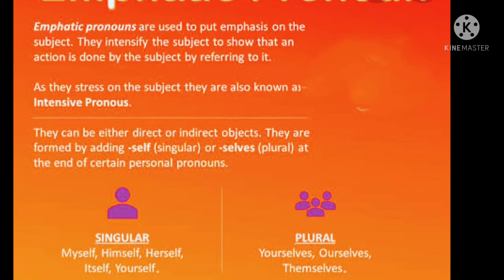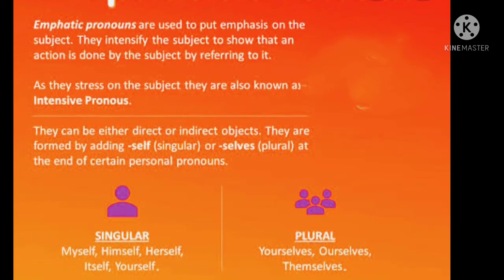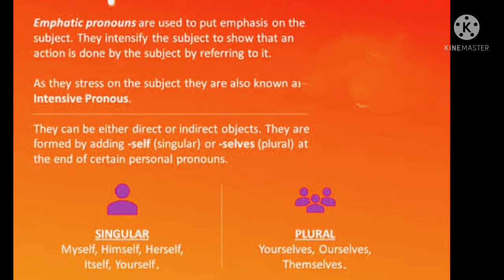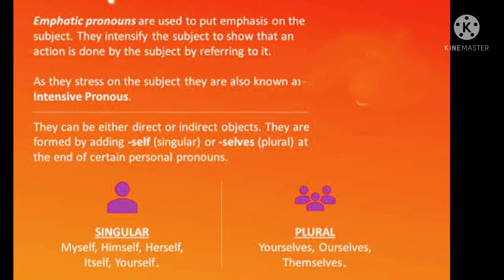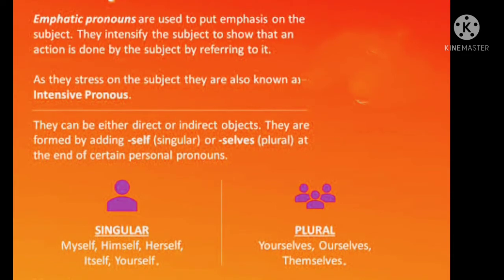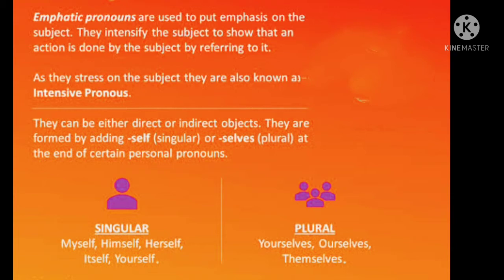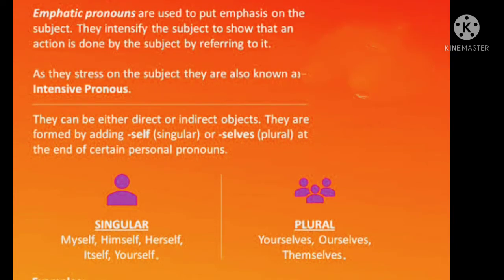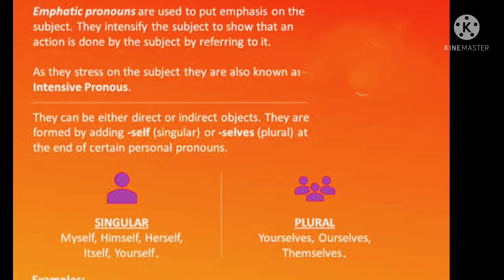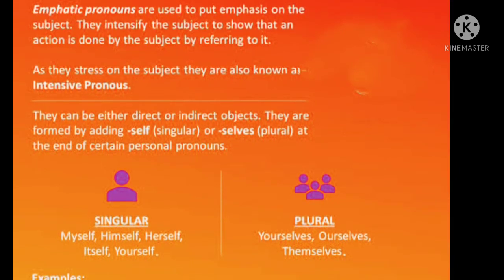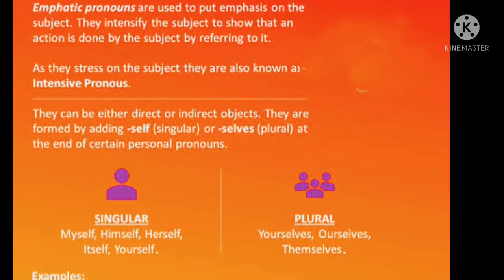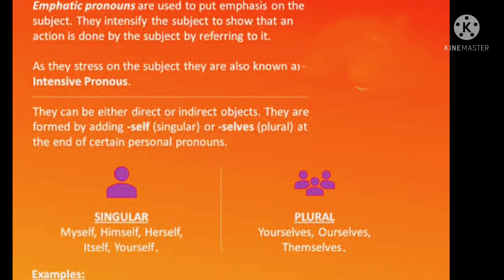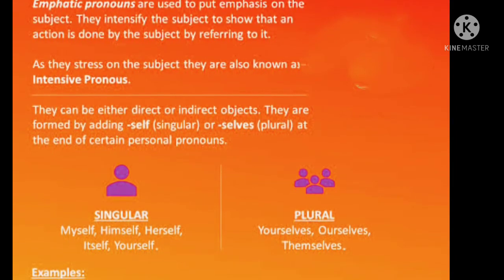They are formed by adding self in singular form or selves in plural form at the end of certain personal pronouns. The singular forms of emphatic pronouns are myself, himself, herself, itself and yourself.